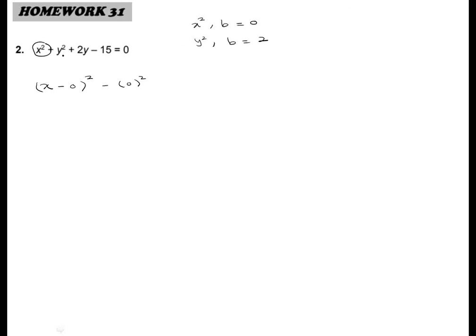And then let's do completing the square for y: plus (y plus 2 over 2) squared minus (2 over 2) squared minus 15 equals 0. So we have to do completing the square two times, first for the x variable and then for the y variable.